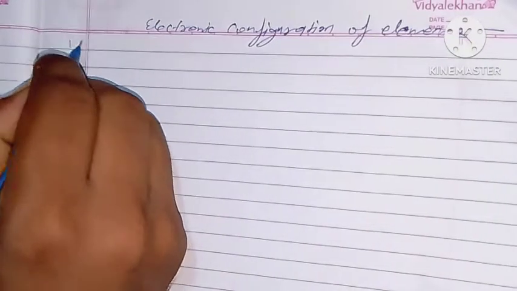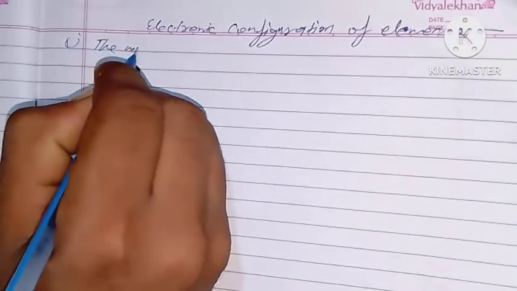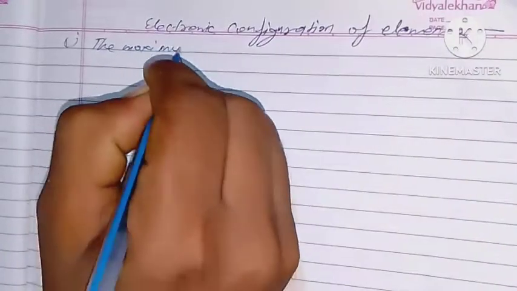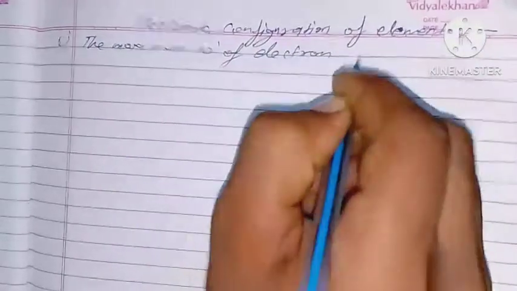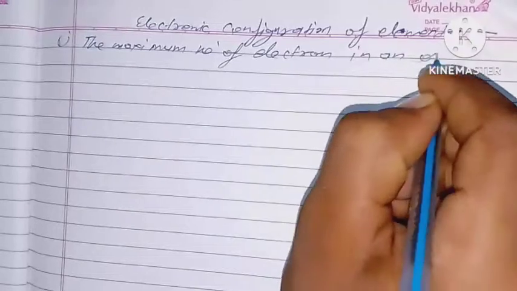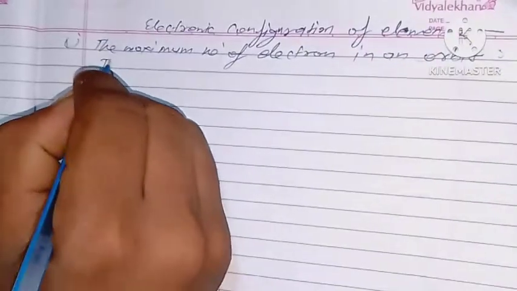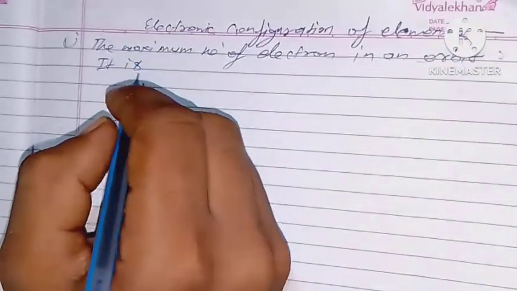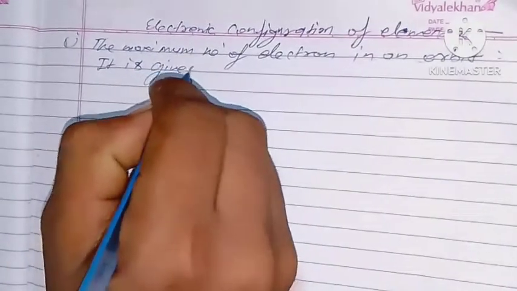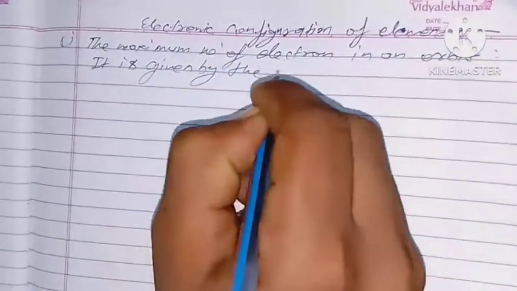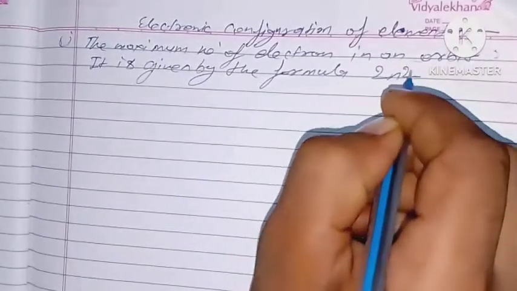First point: the maximum number of electrons in an orbit. It is given by the formula 2n squared.